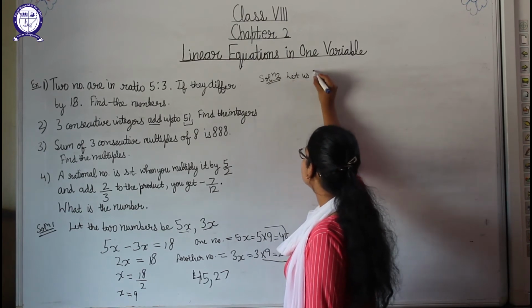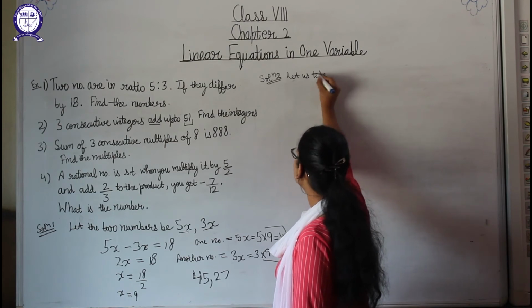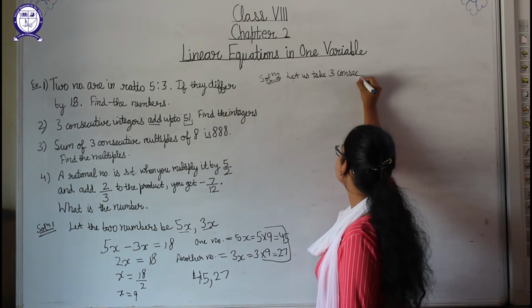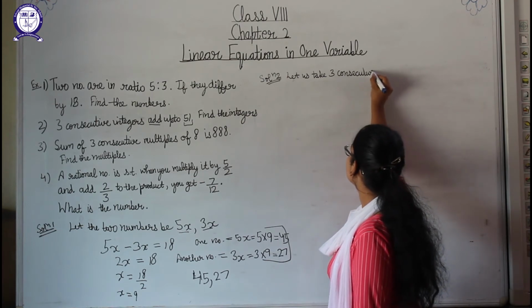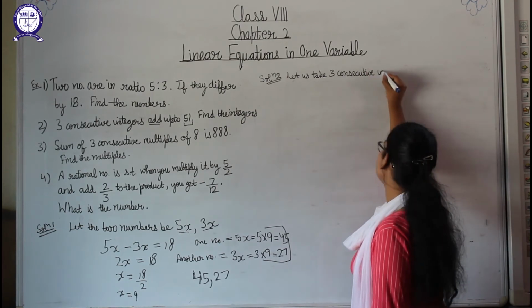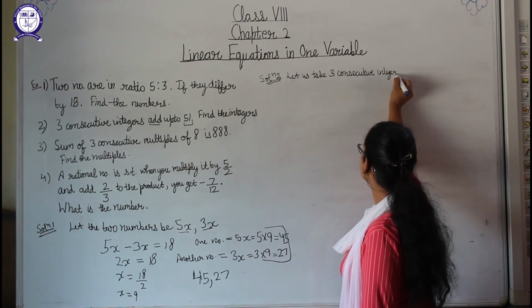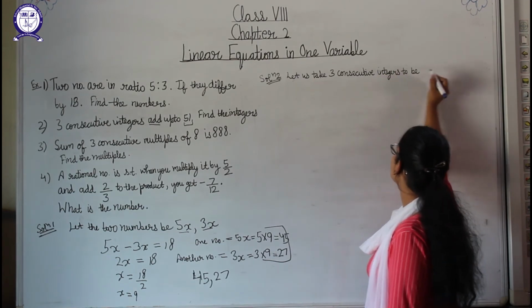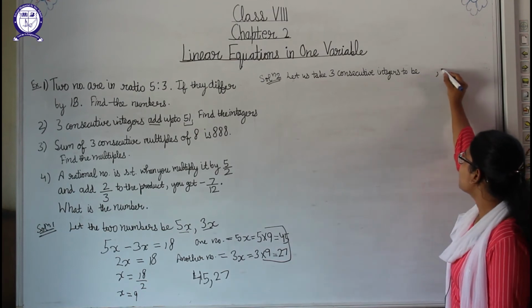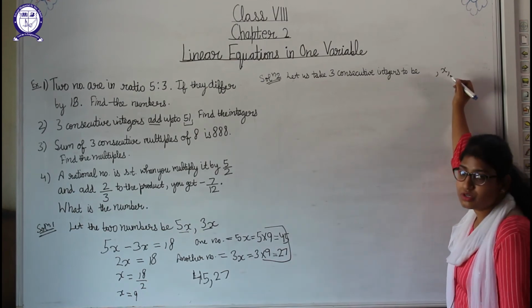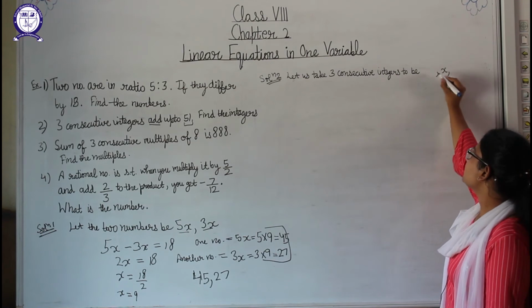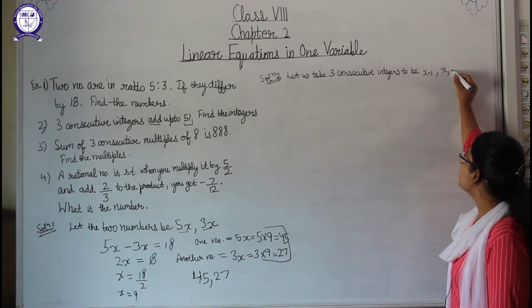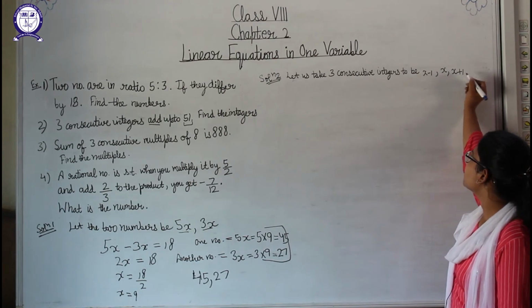Let us take 3 consecutive integers to be. Suppose, students, I am taking x as one integer. Its previous integer will be x minus 1 and its succeeding integer will be x plus 1.